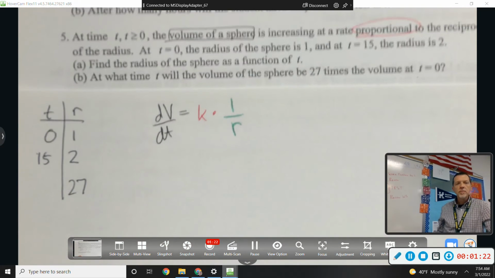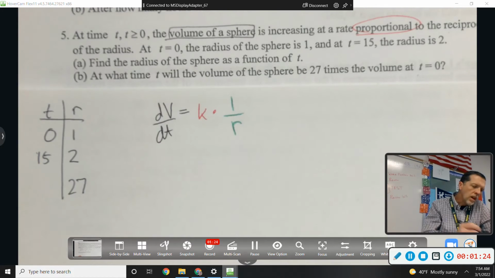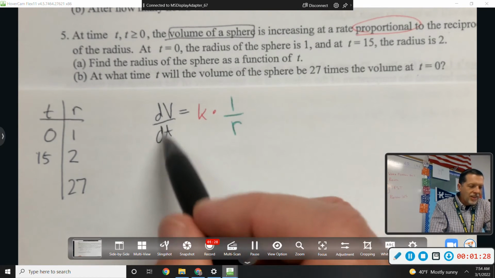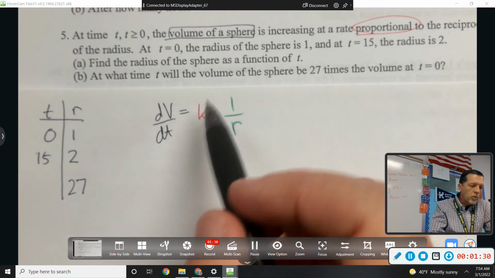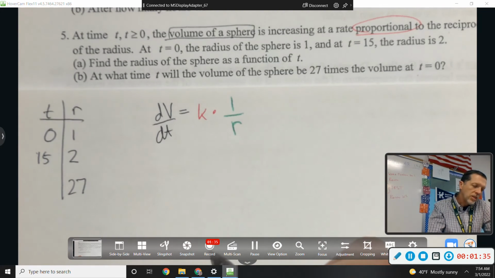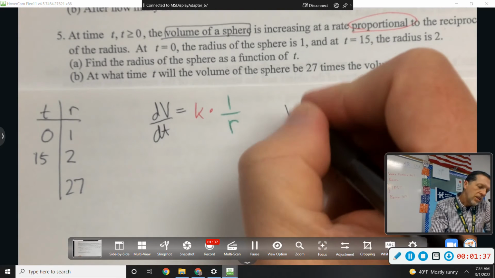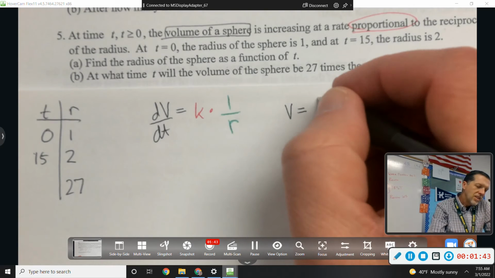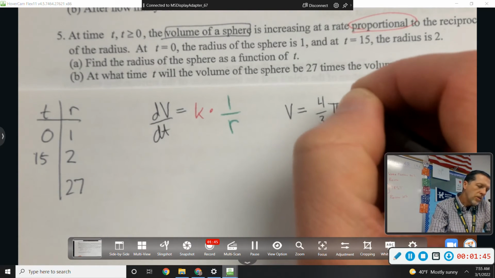So, okay, but the main problem is I got r's and v's and t's in here. So it would be nice if there was some relationship between some of those variables. Do you know what the volume of a sphere is? 4/3 pi r cubed.